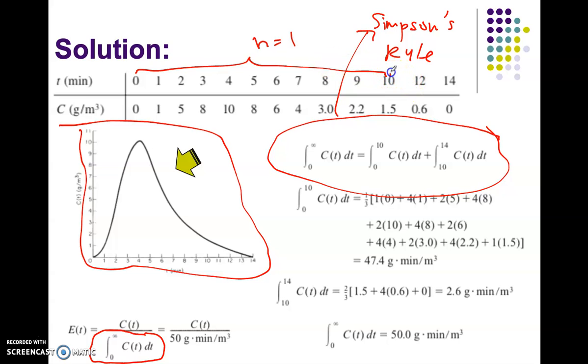So in the second part, h is equal to 2. Okay, 10, 12, and 14. So in this video I'm going to explain how to do this calculation. This is where we apply Simpson's rule.